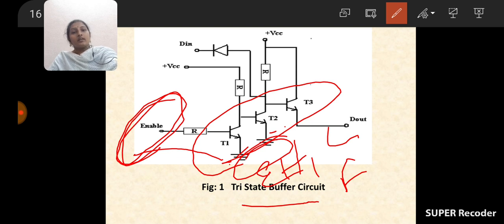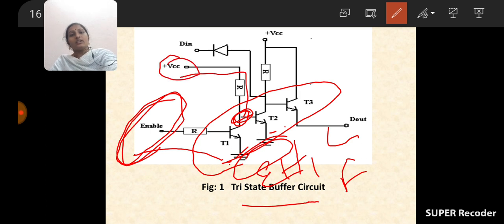And collector of T1 and base of T2 are connected together, and they must be given to supply voltage VCC. So simply, base of T1 is connected to enable, base of T2 is connected to VCC, and base of T3 is connected to D in line.